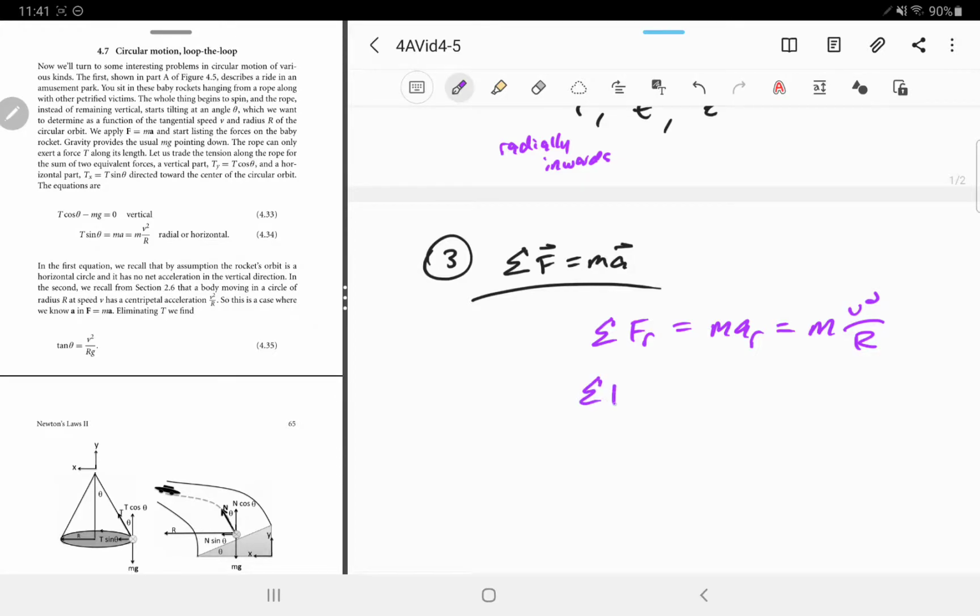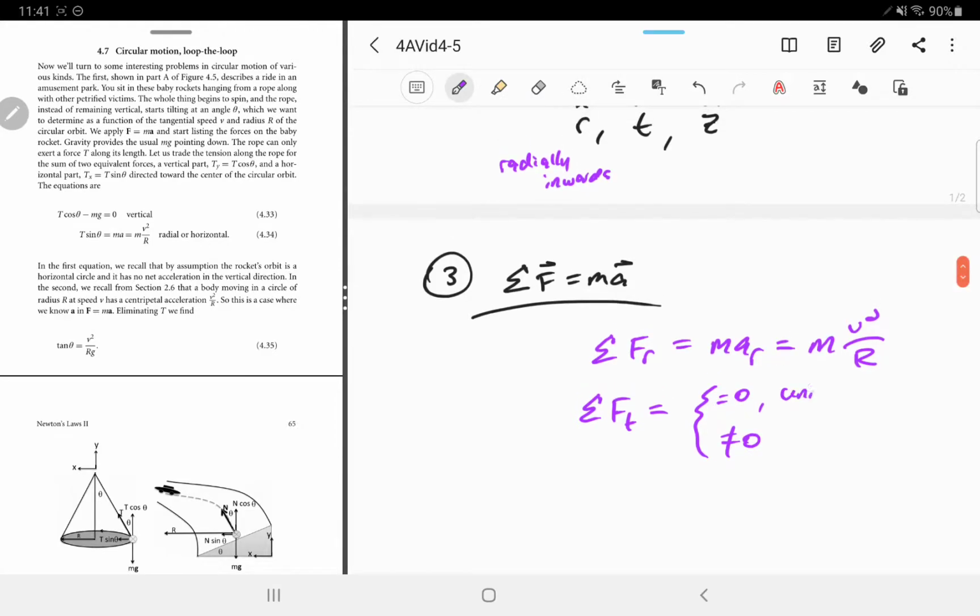And then the sum of the tangential components of the force could be 0, or it might not be equal to 0. It's equal to 0 if you have uniform circular motion. In other words, if the speed is constant, then this is definitely going to be equal to 0.